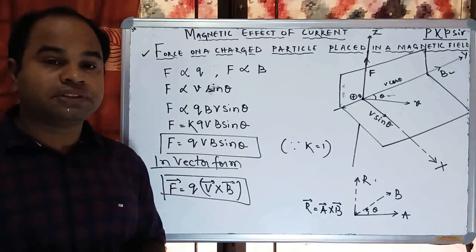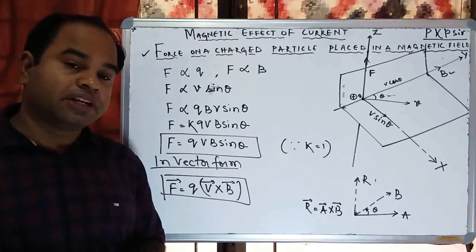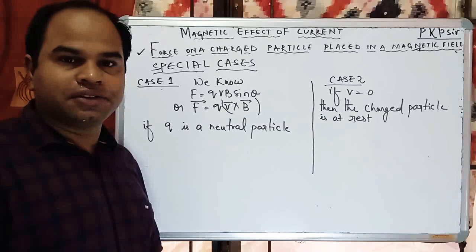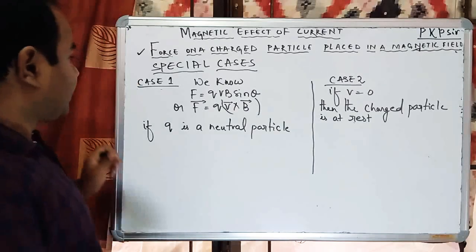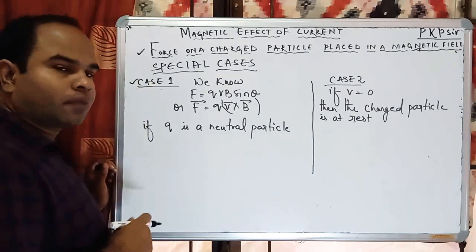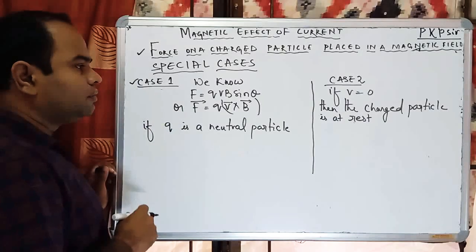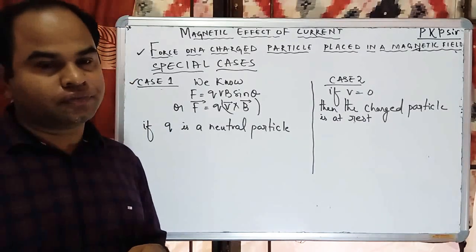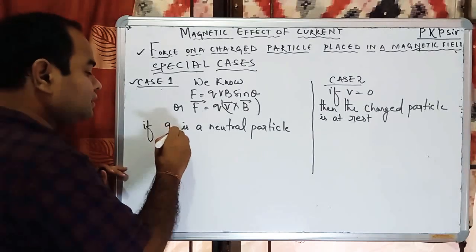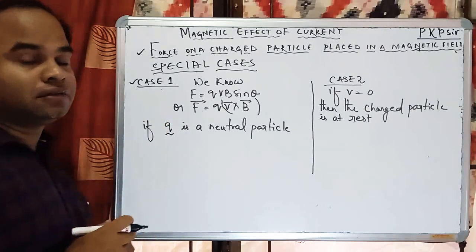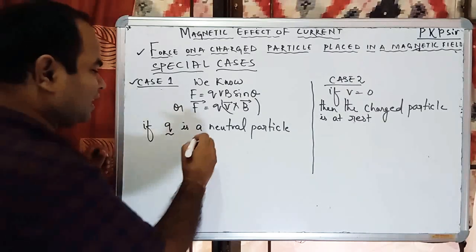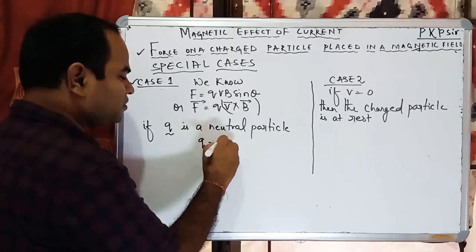Next we will move to the special cases of the magnetic force F. Okay, special cases. Case 1. We know that F is equal to QVB sin theta, or F vector is equal to QV cross B vector. If Q is a neutral particle, it means this charge is equal to 0.